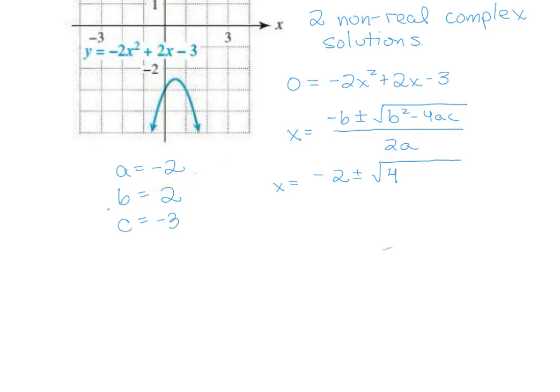I am going to do minus 4 times negative 2 gives me positive 8. And if we multiply that by negative 3, we get negative 24. All over 2 times negative 2 is negative 4.